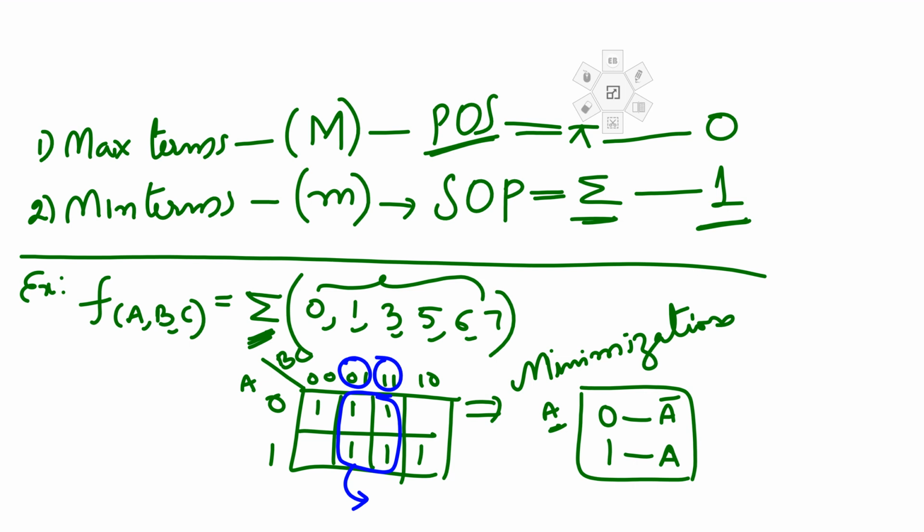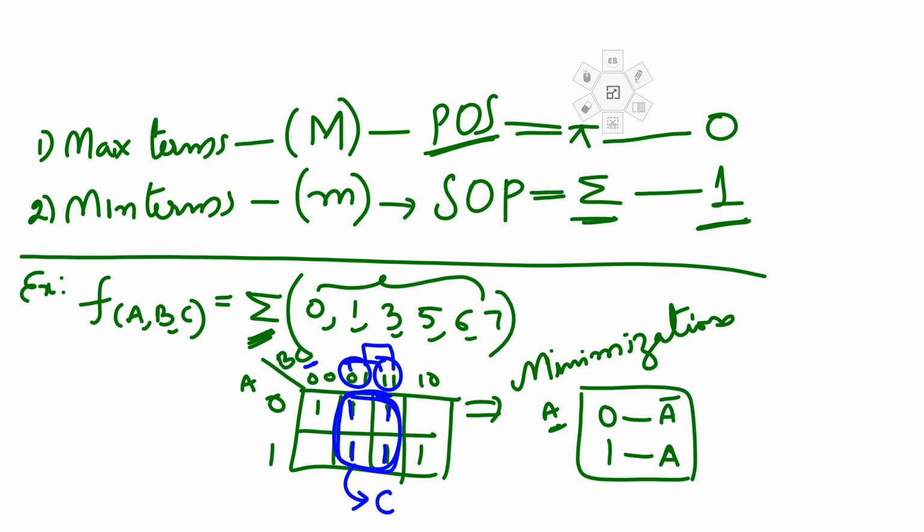In these two addresses, which is common? 1 is common. This 0 becomes 1 here, so I will not consider that. I will only consider which are constant. The position of that one is C. Whether I have to write C or C bar: since it is 1, I have to write C only. So C is the expression for this quad.